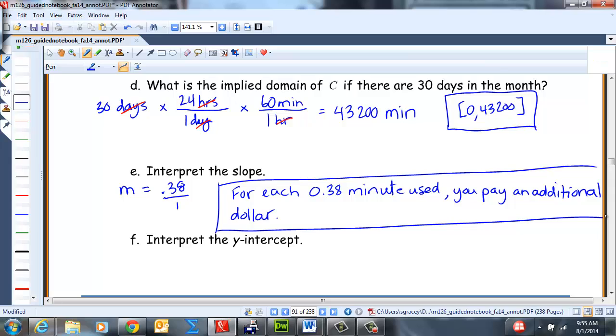And the y-intercept. The y-intercept, it means that an input of 0 yields an output of 5 because our function was plus 5 at the end.